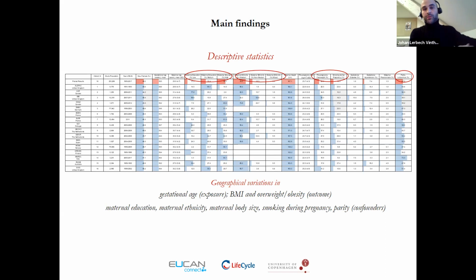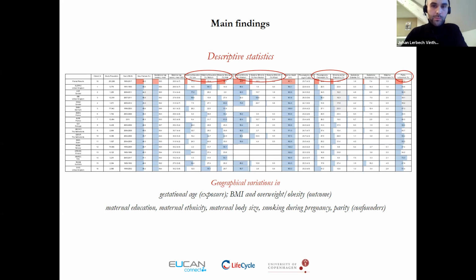And also in terms of the outcome of interest, the BMI and overweight obesity, we have differences. Like I said, data at different time points, but also the proportion and the mean estimates for BMI and overweight obesity vary across the different cohorts.